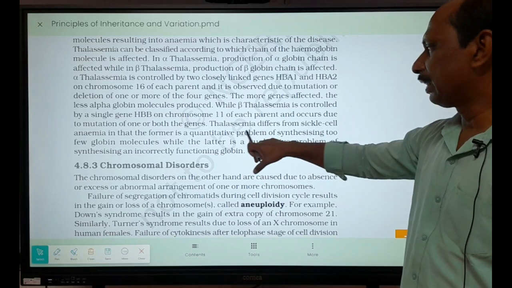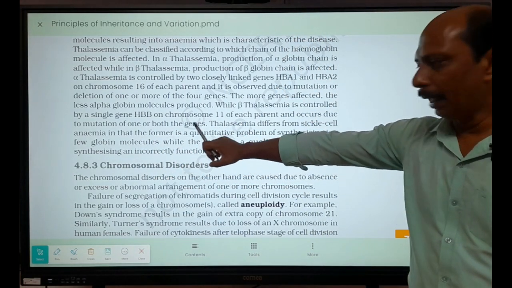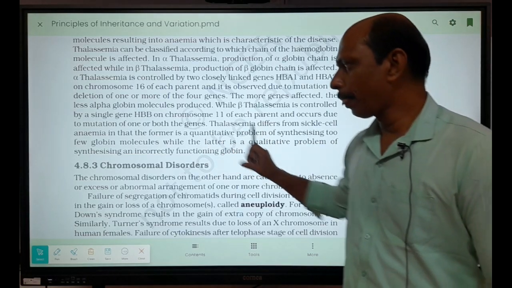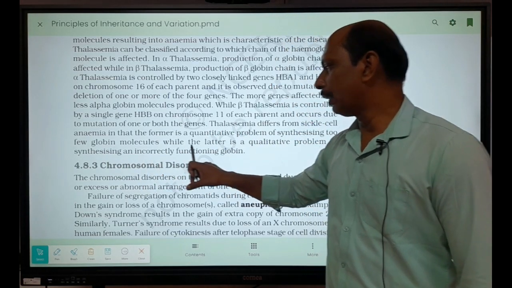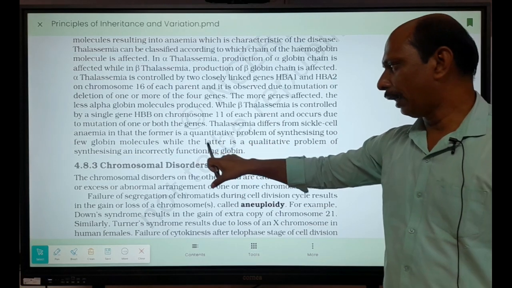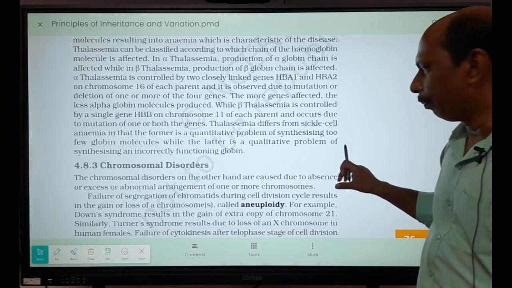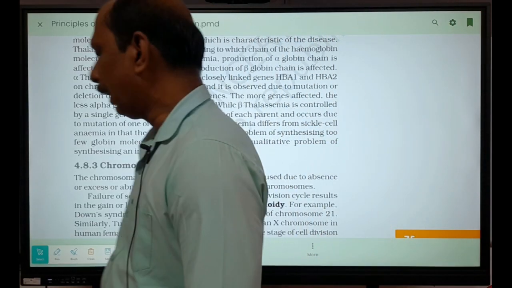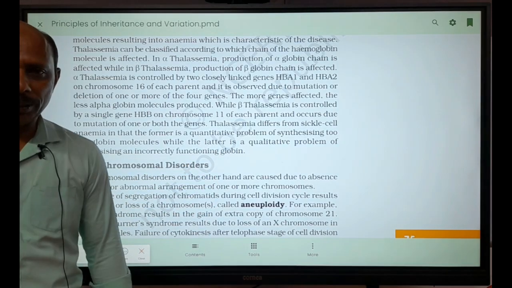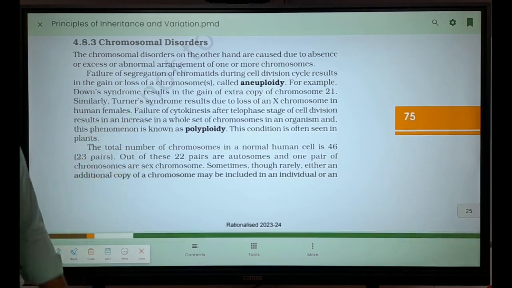Same here, thalassemia differs from sickle cell anemia in that thalassemia is a quantitative problem of synthesizing too few globin molecules, while the latter, sickle cell anemia, is a qualitative problem of synthesizing an incorrectly functioning globin. Right? Do you understand here?